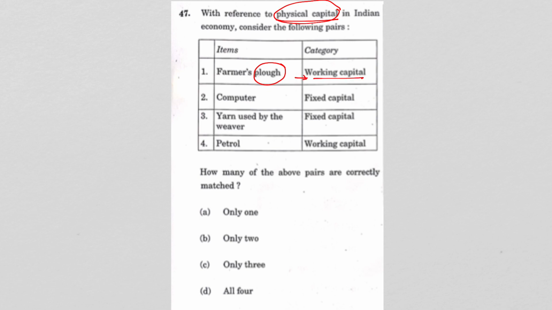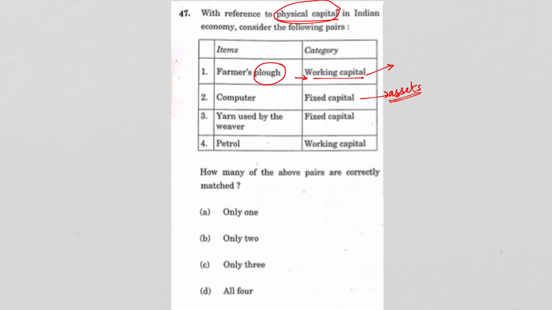Now you should know the difference between working capital and fixed capital. Fixed capital means something that you can use again and again, a capital asset, which means it has a higher utility.